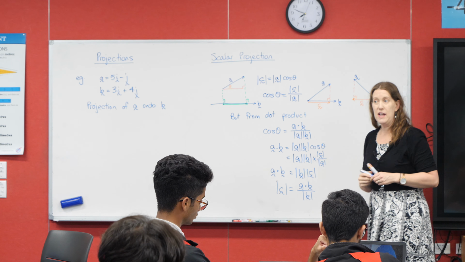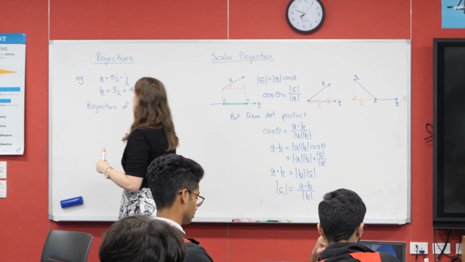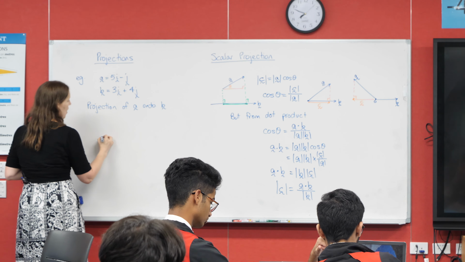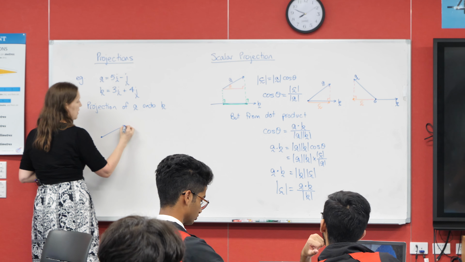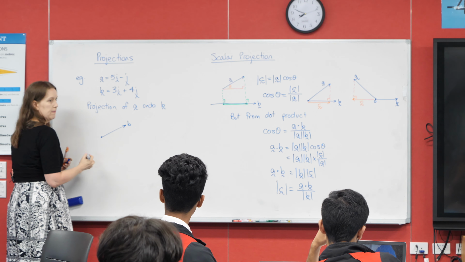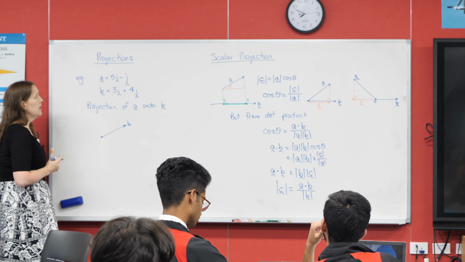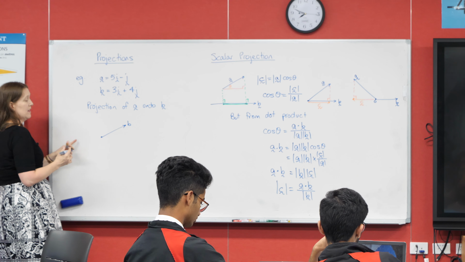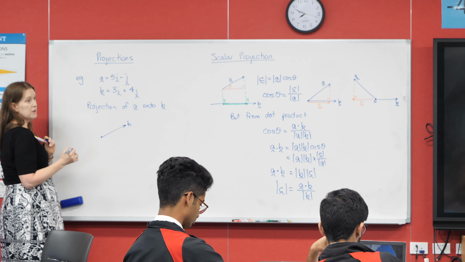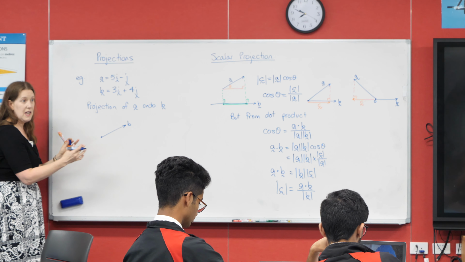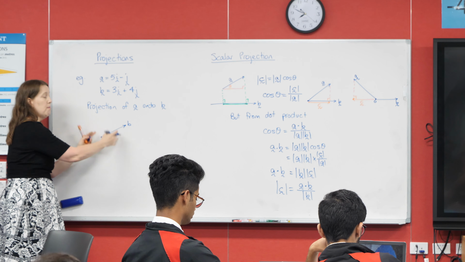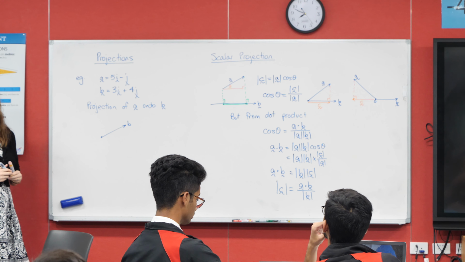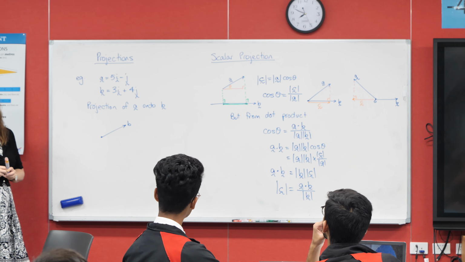In fact, 3, 4 is going to look like a rise of 3 and a run of 4. This is going to be my vector B. Agreed? My vector A is 5 minus 1, and it doesn't need to be connected, but we want to know how much of it is shining onto our vector B.